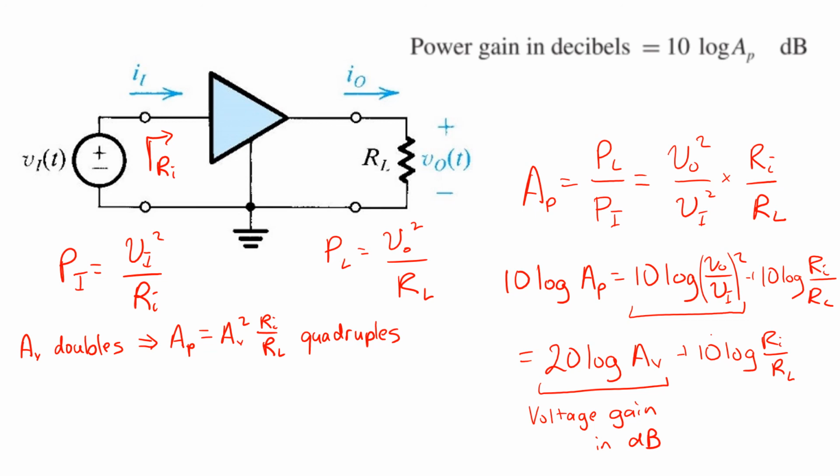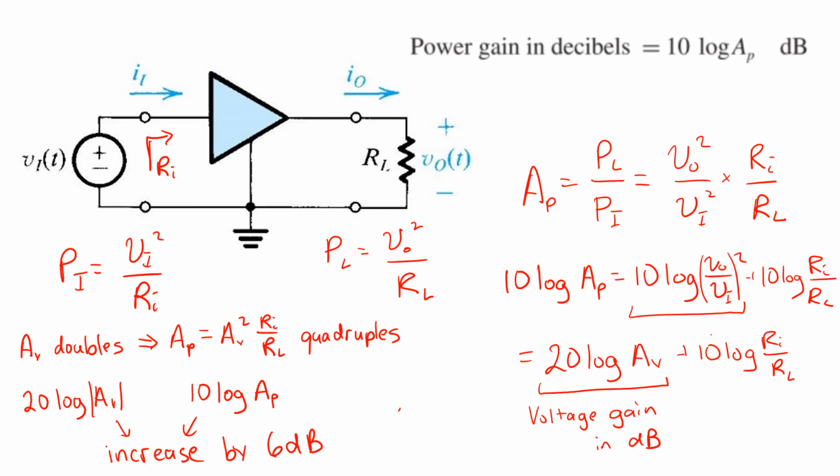However, because in the case of a voltage gain, when we express it in dB, we take 20 times log base 10 of AV, whereas with a power gain, we take 10 times log base 10 of AP, both will increase by 6 dB. So a 6 dB increase in gain is a 6 dB increase in gain, whether you're talking about voltage gain or power gain. And that can be kind of nice in avoiding confusion, actually.